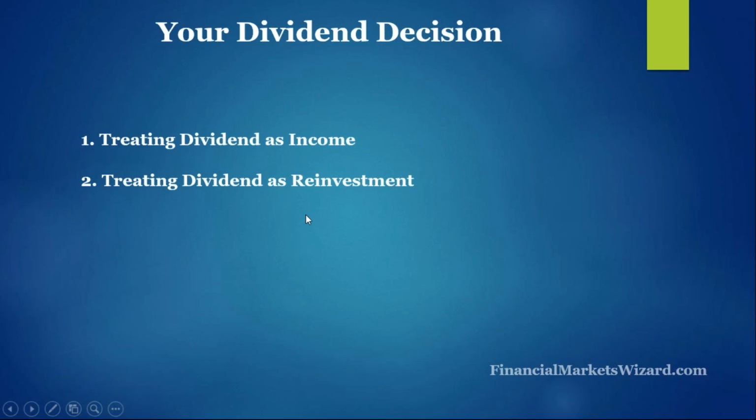So your dividend decision. This is another thing. So you receive the dividend. How you treat your dividend affects your whole portfolio. So you treat dividend as an income, or you treat dividend as reinvestment. So there are two things. I'll explain both scenarios.